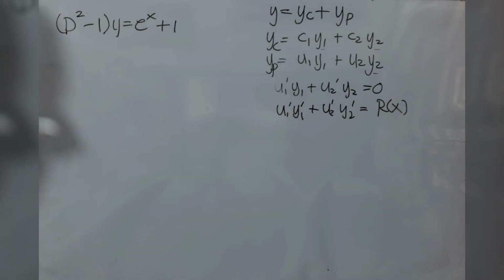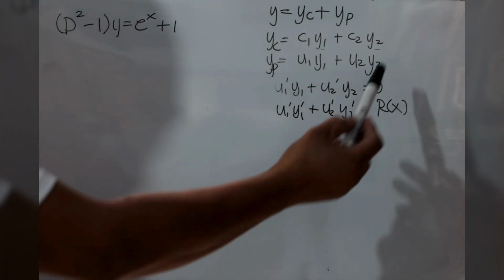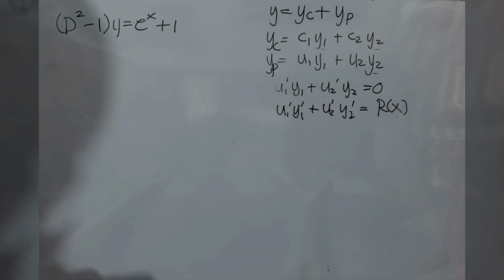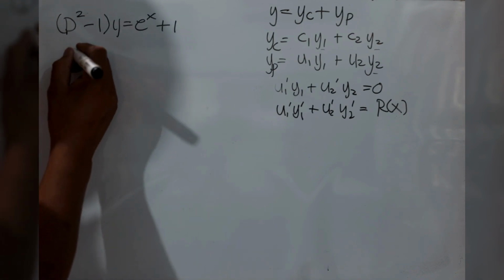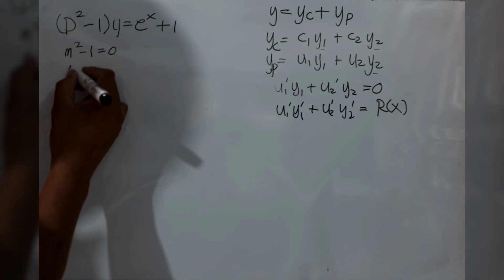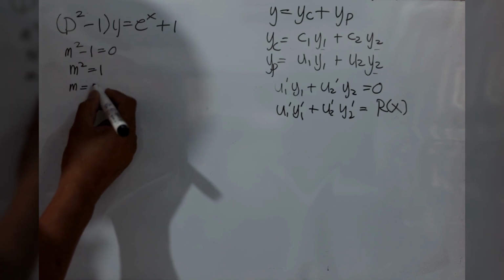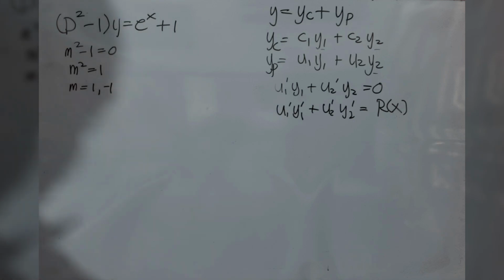So we start by solving y sub c so that we can get our y sub 1 and y sub 2. We write the auxiliary equation to get the roots, and the roots are plus and minus 1.